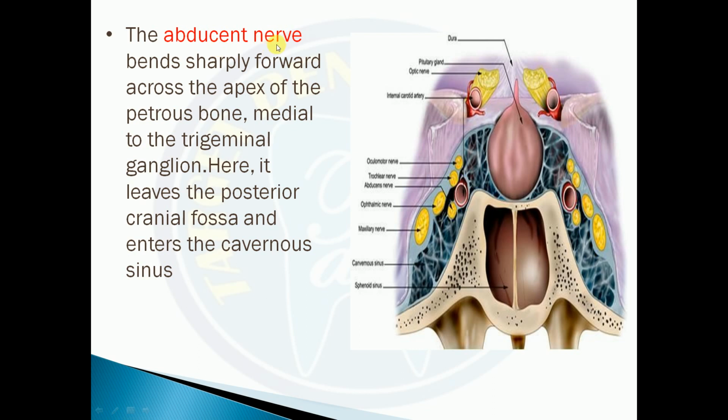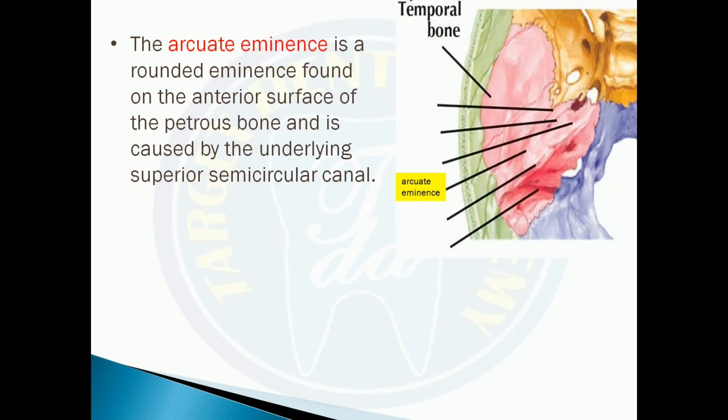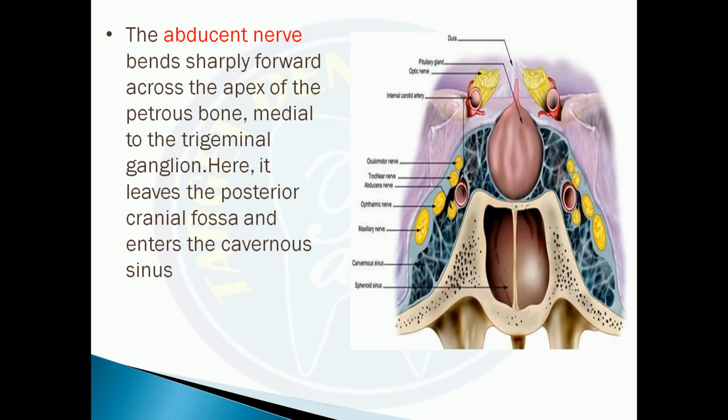The abducent nerve bends sharply forward across the apex of the petrous bone, medial to the trigeminal ganglion. Here it leaves the posterior cranial fossa and enters into the cavernous sinus. See, this is your abducent nerve.